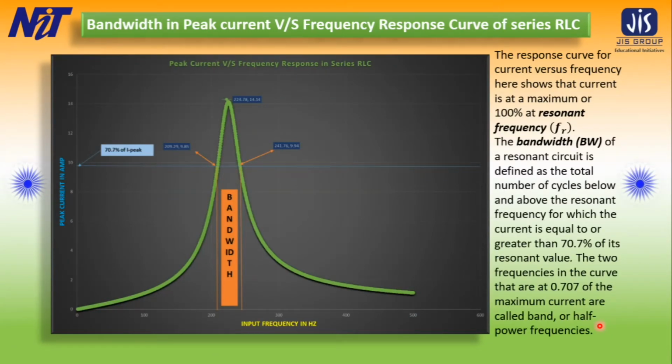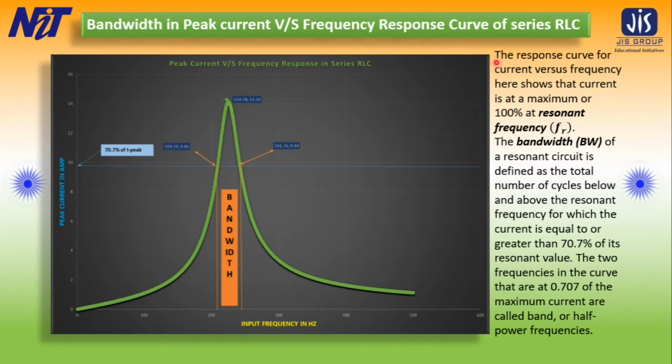It looks exactly like that when you retrieve all the data in an Excel sheet and plot it there. You will get this curve, where it is clearly mentioned: on the x-axis input frequency in hertz and on the y-axis peak current in ampere, and all the parameters as well as the bandwidth.